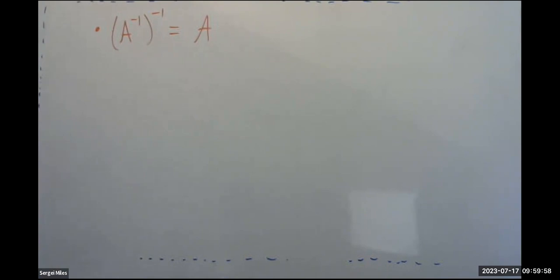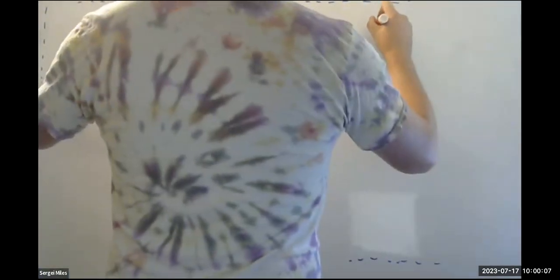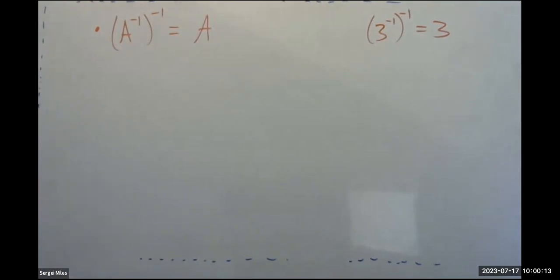Well, that means the inverse of an inverse is just the original A. Since those are the two matrices you can multiply by, they're going to flip things, right? You can think about with real numbers, 3 inverse is just 3, right? Same idea with matrices here.